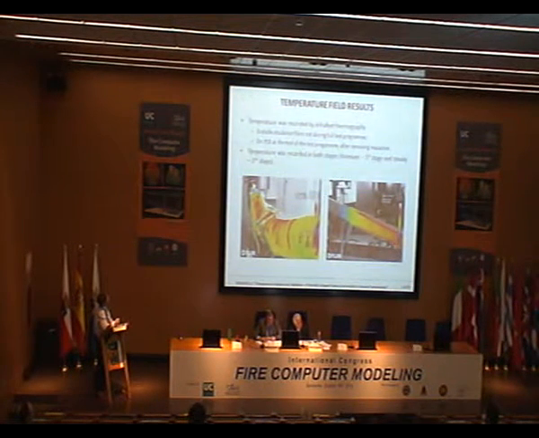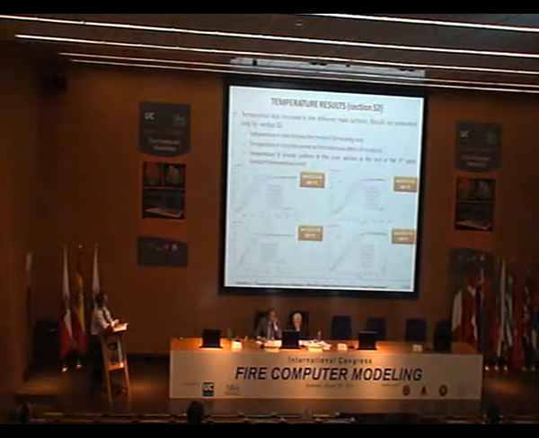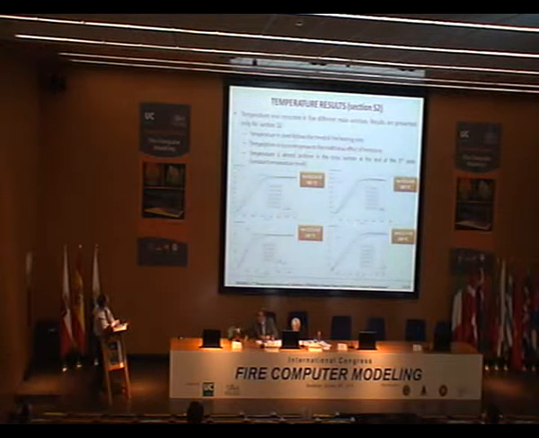So temperature was recorded in both stages: the unsteady stage, the first stage, and of course the second, which I mean the steady state. This is the unsteady, stage 1, and this is stage 2. As you can see, temperature was recorded in 5 different main sections, and the results are presented only for section S2.